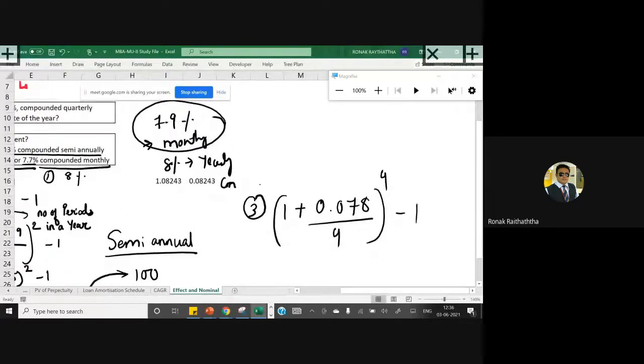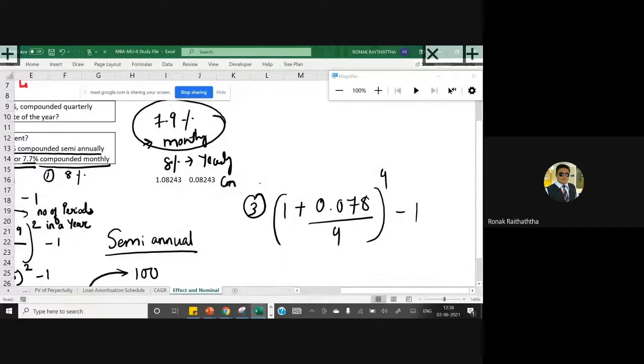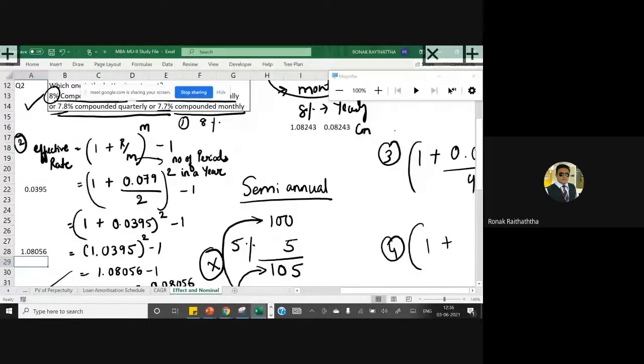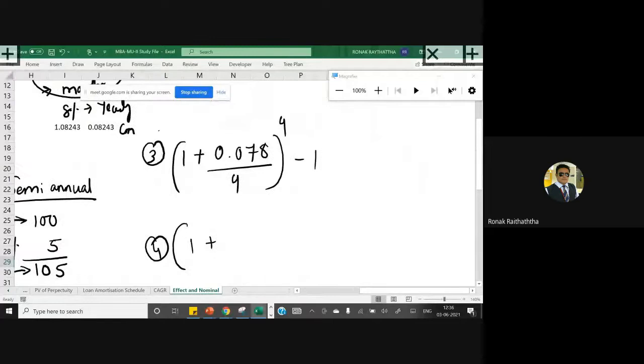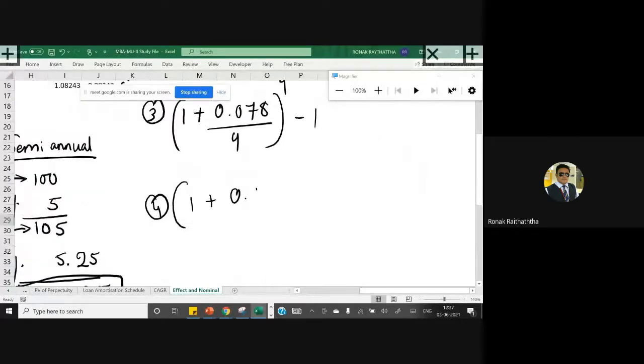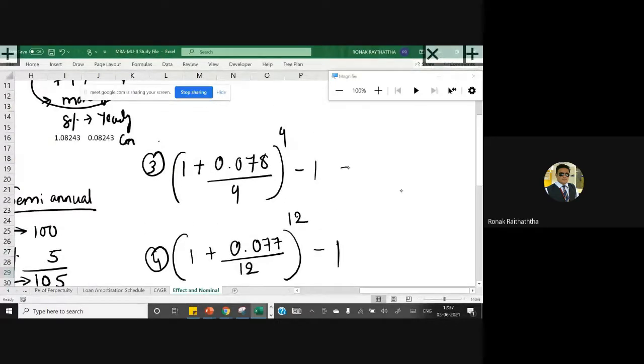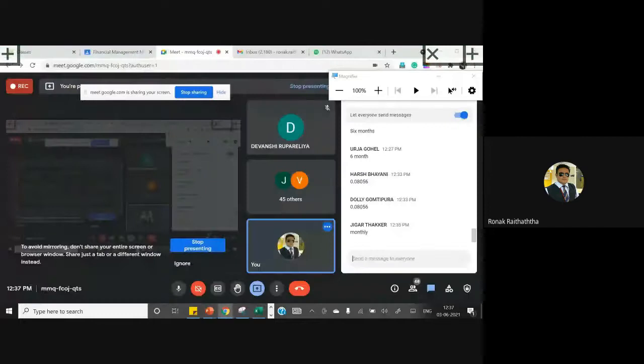This would be the effective rate for quarterly compounding. Then let's take the fourth one. 1 plus nominal rate is 7.7, right? So can also be written like 0.077 to be divided by 12, raised to 12, minus 1. So let's see what is the rate of return we are getting in this third one.